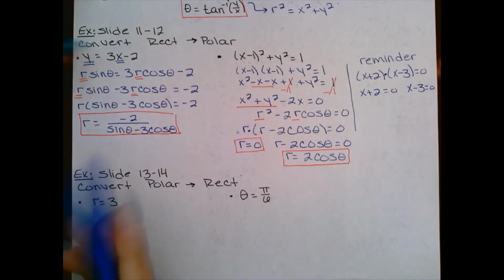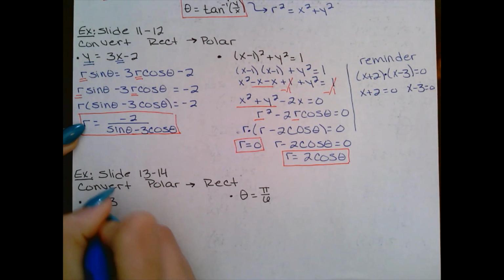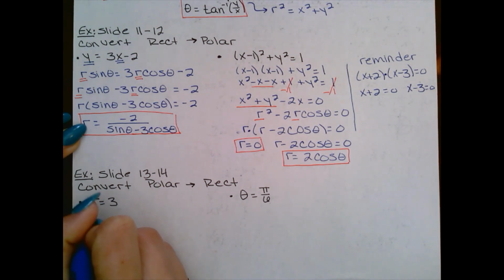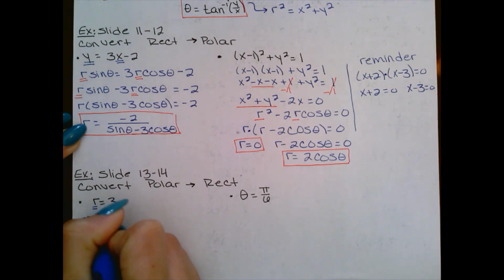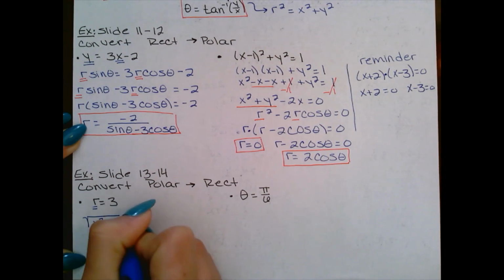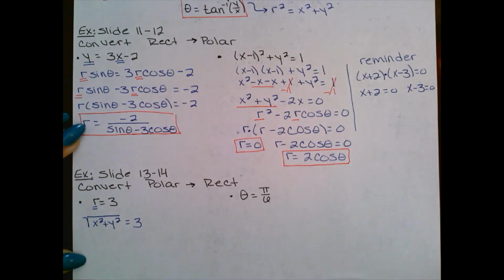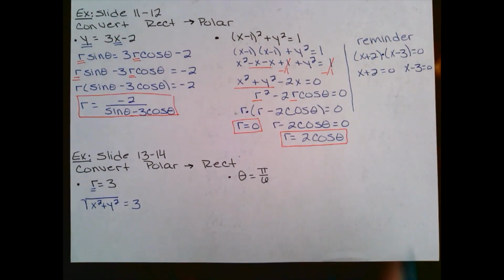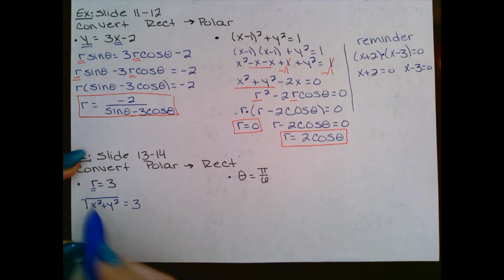So instead of r, I could say that the square root of x squared plus y squared equals 3. Okay. Now, we do want to isolate y. I will give you freedom to do something a little quicker if you can catch it. In order to get rid of that square root, we're going to have to square both sides.